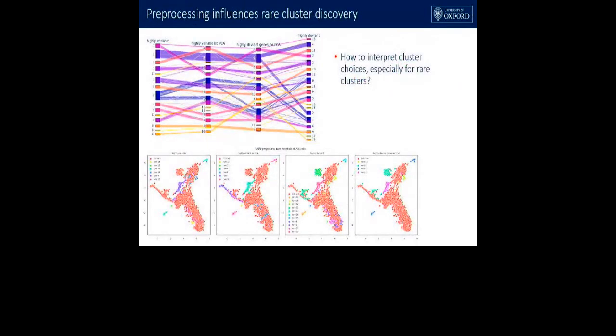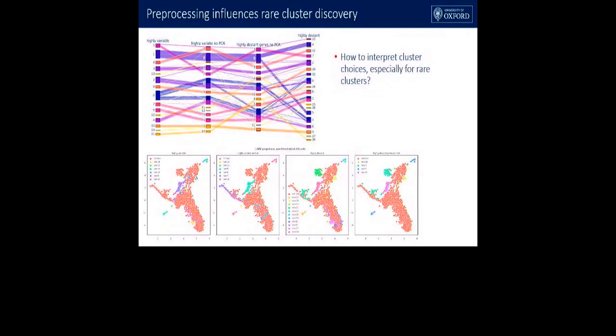Okay, so this slide is basically to show you that pre-processing affects detected clusters. This plot is showing how the clusters and different approaches are related. You can see on the left, this is just like the standard approach to clustering. And next to it is the same thing, but without using any PCA.